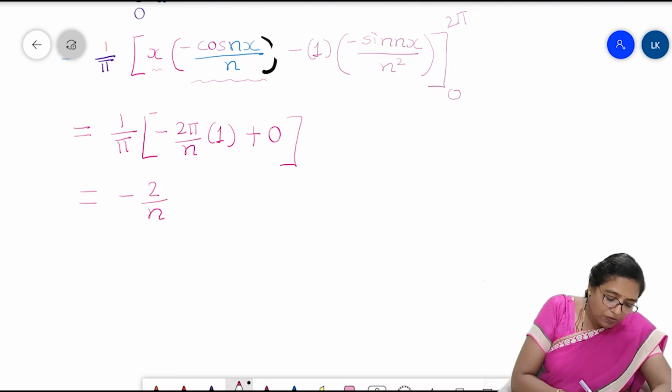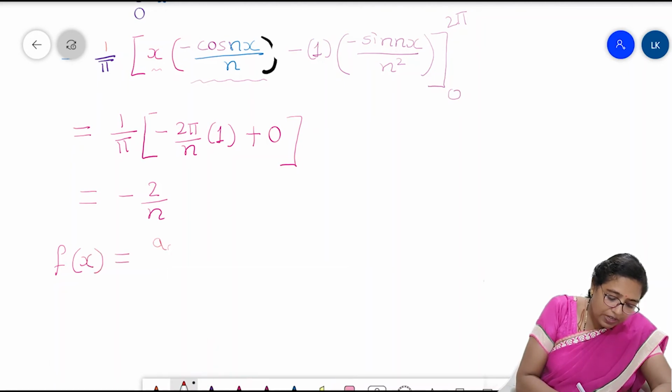Now substitute the values of a0, a_n and b_n in our Fourier series formula, which is f(x) is equal to a0 by 2 plus summation n is equal to 1 to infinity a_n cos nx plus b_n sin nx.